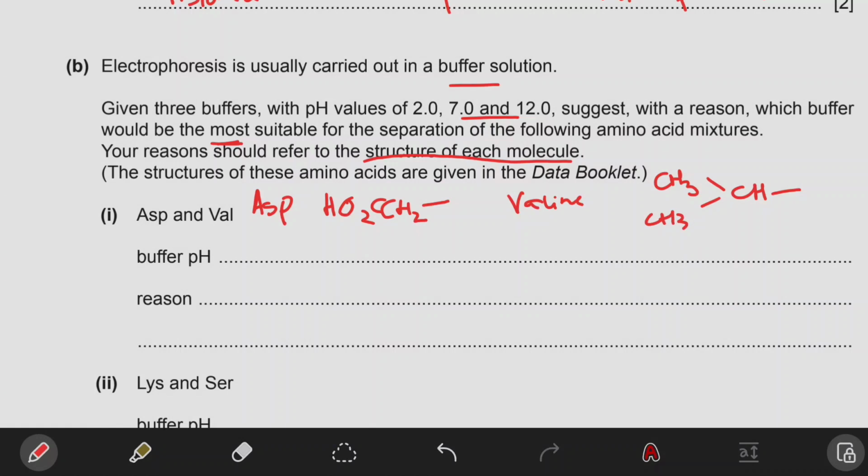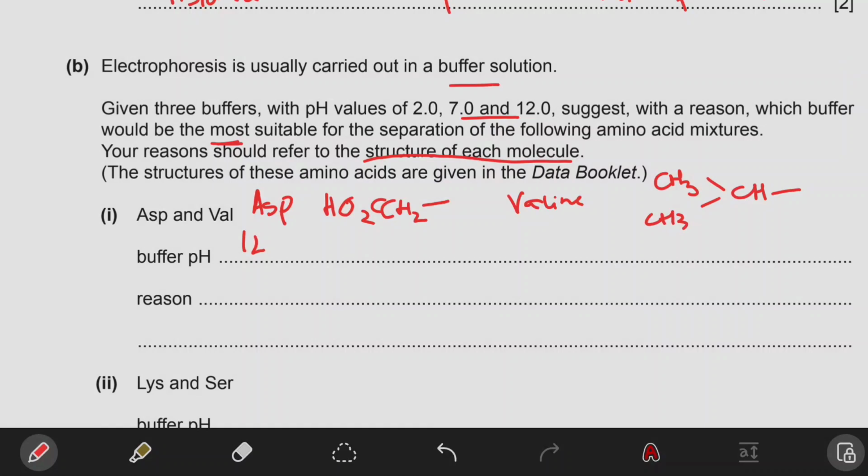The buffer pH most suitable for this mixture of amino acids would be 12, right? Why 12? Because aspartic acid would give its hydrogen to the hydroxide present because the pH is 12, right?